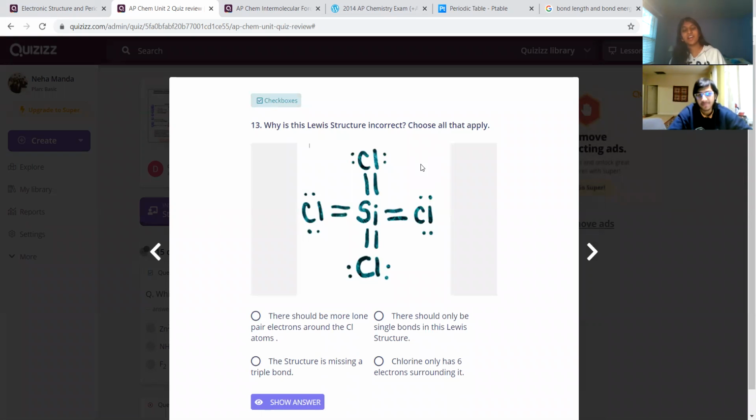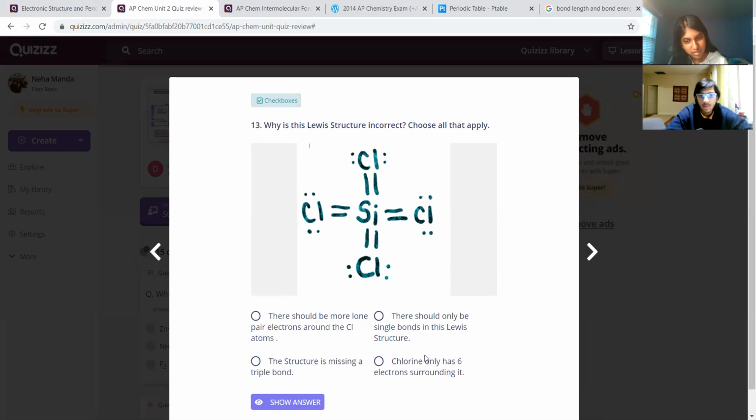So this is incorrect. It looks incorrect, pretty glaringly. There are double bonds for each of these, and this is a checkbox one. So it says it should be this one. I'm pretty sure there should only be single bonds, and then check boxes. So another one of these. It doesn't need a triple bond.